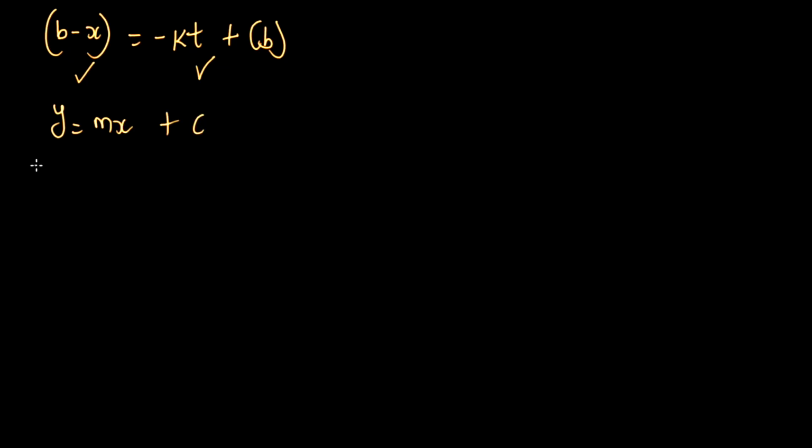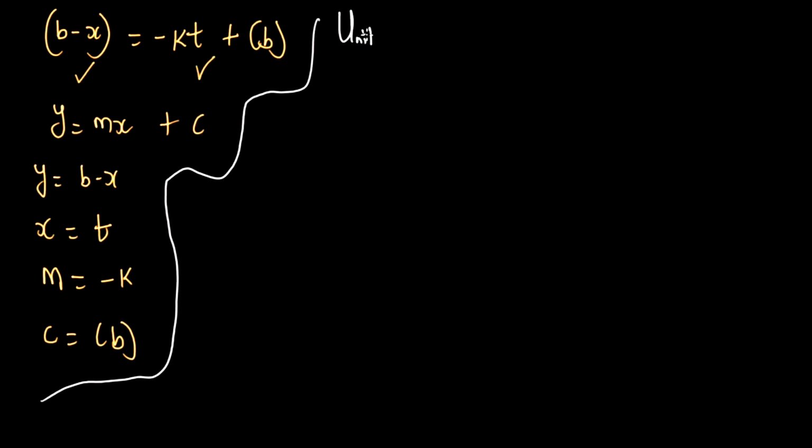Our y-axis is B minus x, and our x-axis is time. The gradient or slope is the negative of the rate constant, and our intercept is B naught. Now the units of k for a zero order reaction.